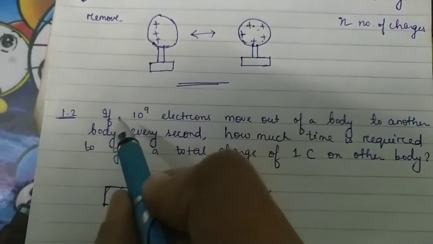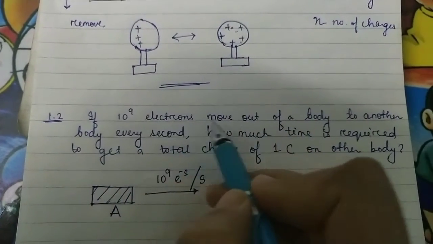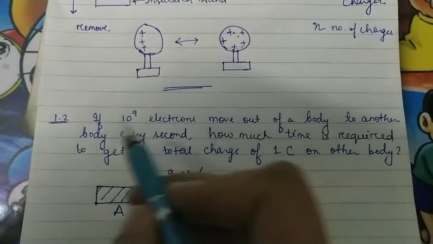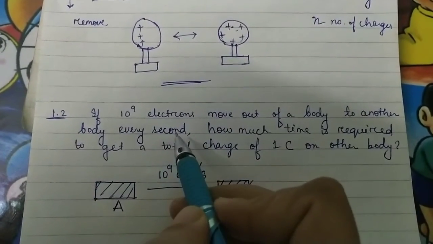Hello student, here the question is, if 10 to the power 9 electrons move out of a body to another body every second.